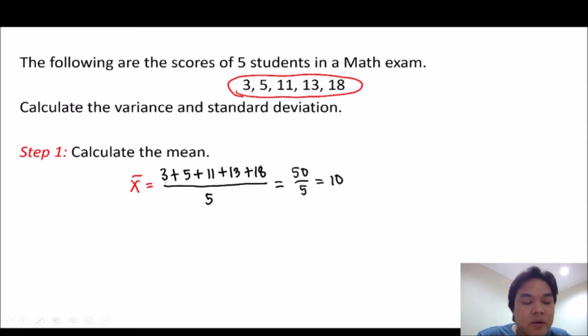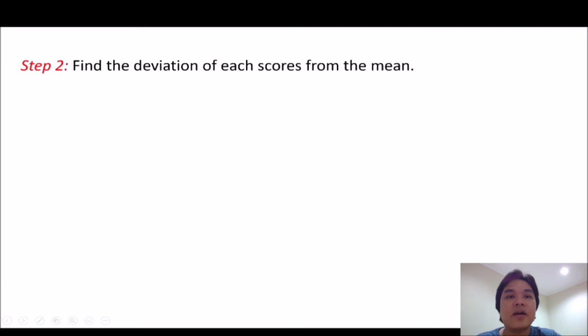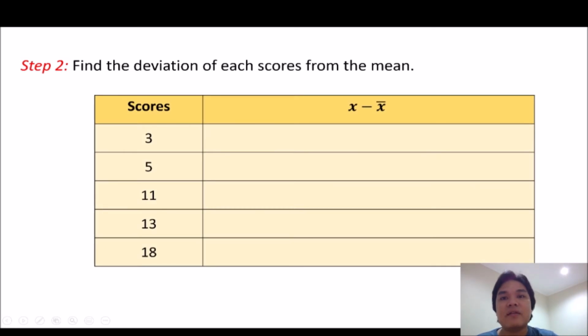So do not forget, your mean is 10. We will use that later when we take the deviations. That is our second step, finding the deviation of each score from the mean. We can create a table like this so that it will be more organized. Remember, our mean is 10, so to calculate the deviation of each score, we just use the formula x minus x bar.